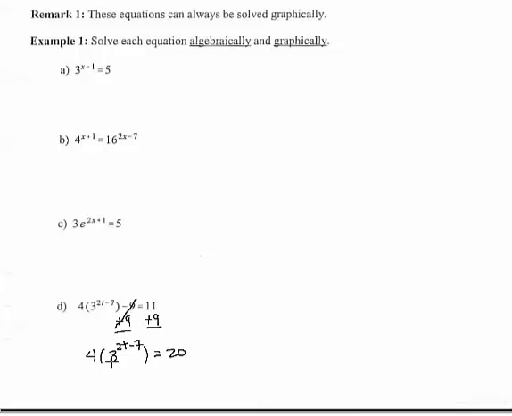So we have 4 times our exponential part. We want to get rid of the 4, so we divide both sides by 4. So that on the left we now have the exponential part completely by itself. 3 to the 2t minus 7 equals 5.